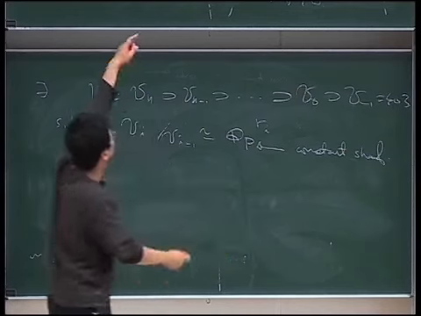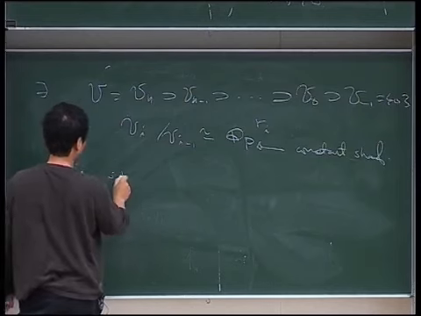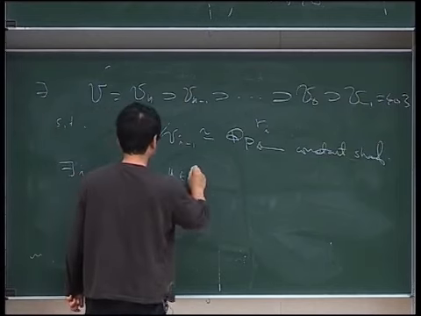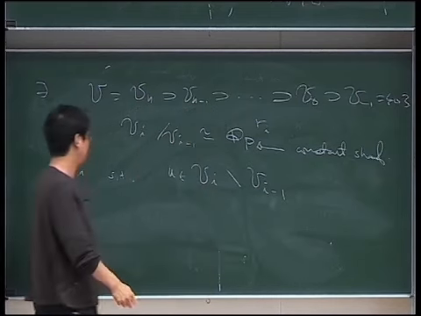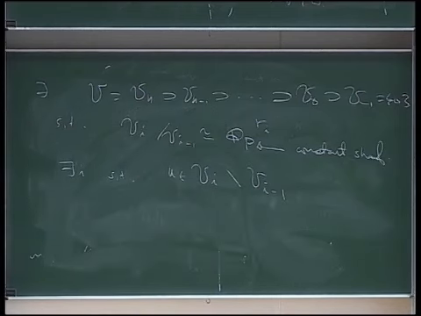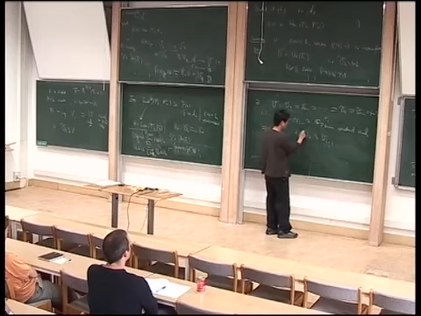Right. Now, since we chose a non-zero vector, there exists i such that u is inside Vi, but is not in Vi minus 1. Okay? At the stalk at b, sorry.